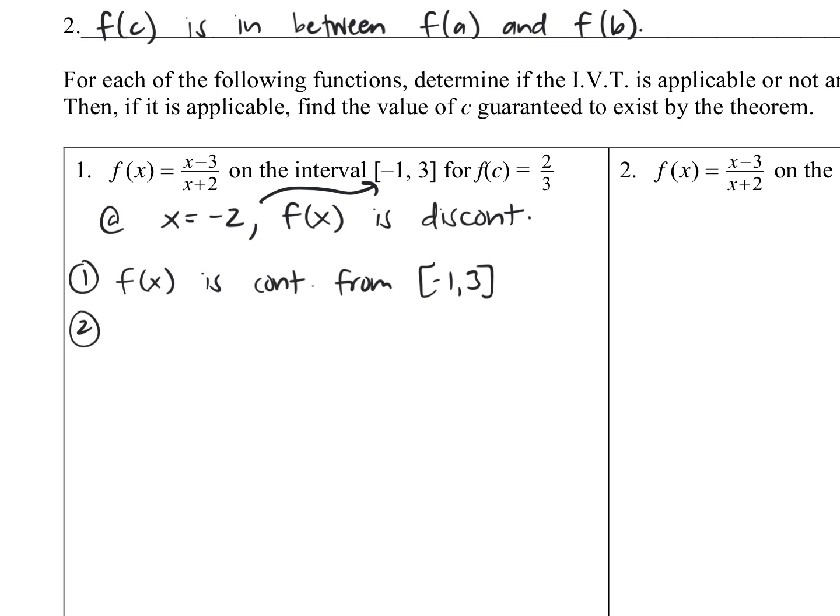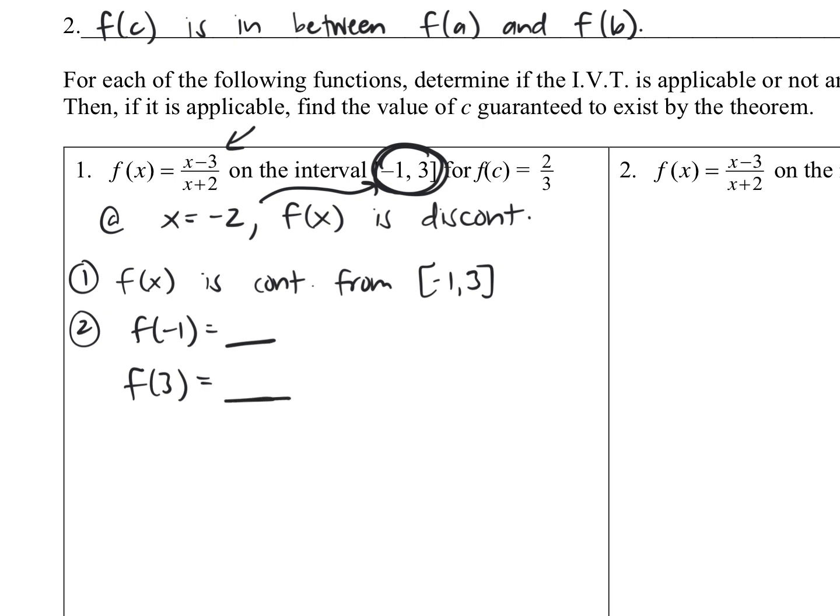Okay, so I want you guys to check two things. What is f of -1, and what does f of 3 equal? I'm plugging in the values from my interval to see what my y output is going to be. So plug those two values in, see what you get for f of -1 and f of 3.